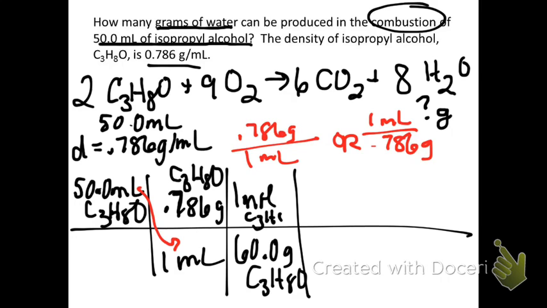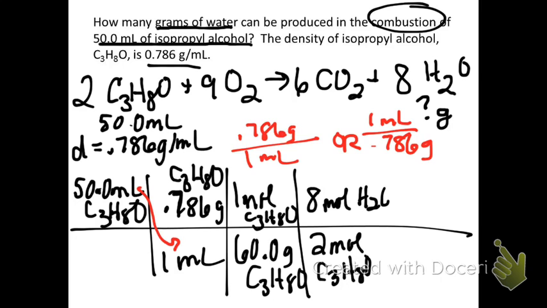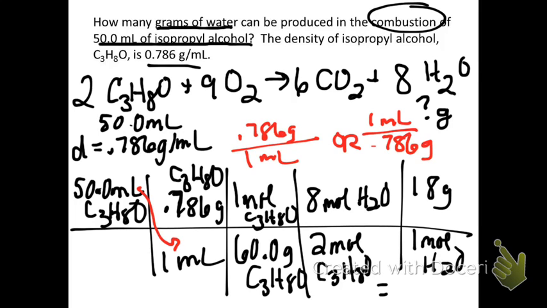If you look at the balanced chemical reaction, there are 2 moles of C3H8O for every 8 moles of water. For every mole of water, there are 18 grams. Total it out in your calculator and you get 29.5 grams of water. And you're done. Finish your quizzes and I will see you soon.